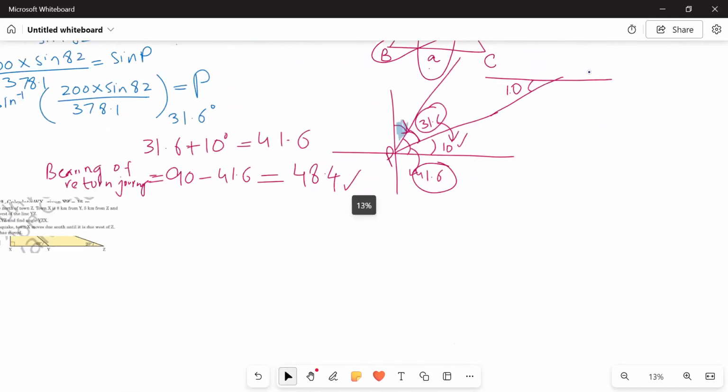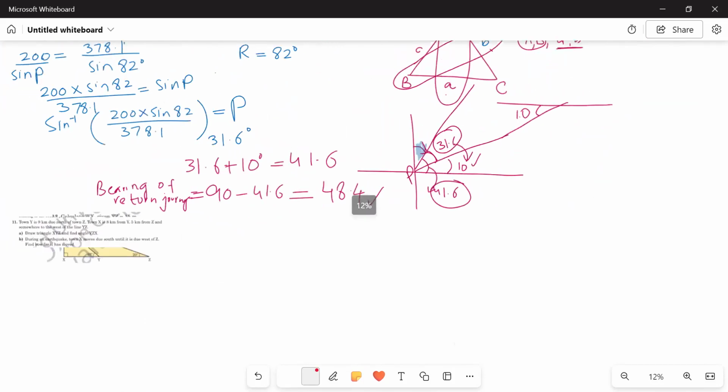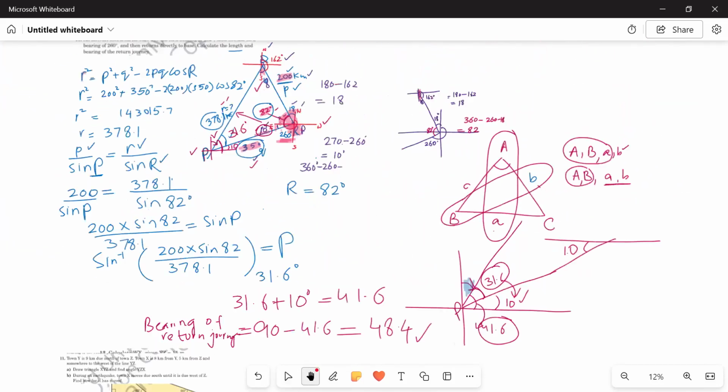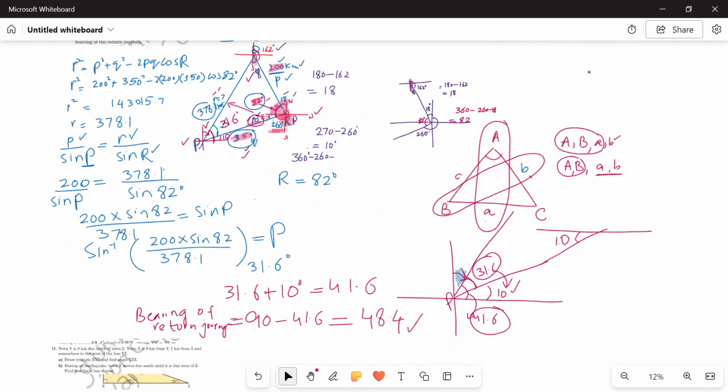Because if we move next, then I will not revise or repeat this question. So if you have confusion, you can ask now. No, Miss. Everything is clear. Okay. After this class, you have to practice this question.